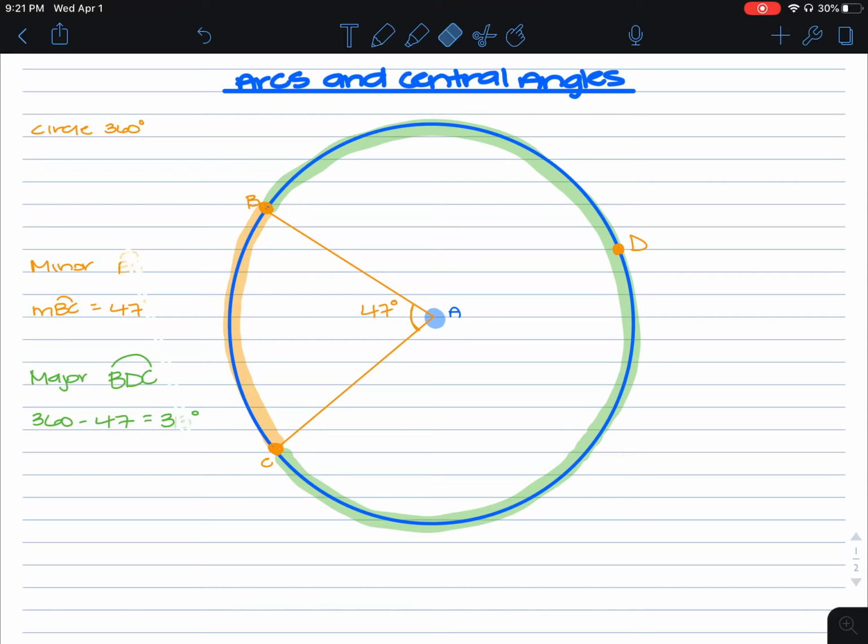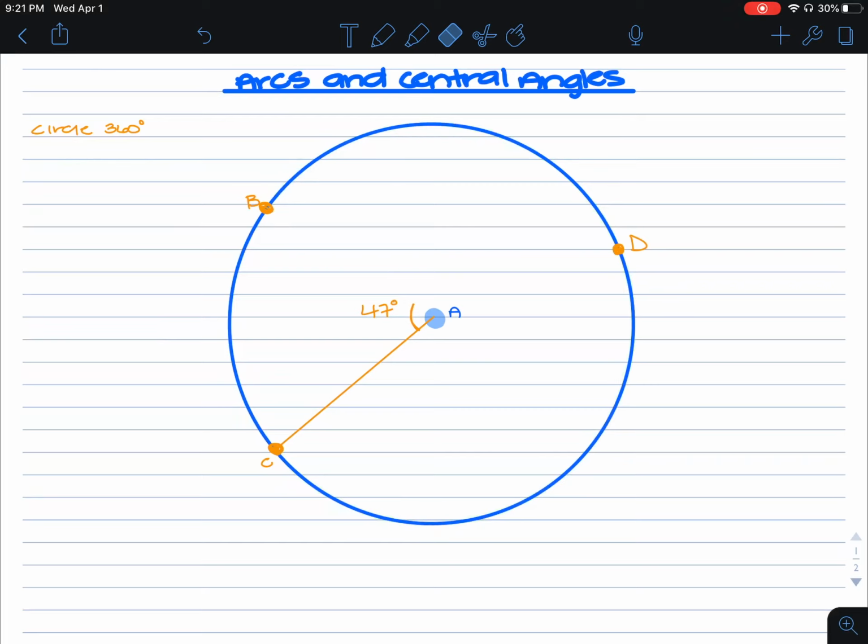All right, I'm going to erase all this stuff. Let's talk about a semicircle. Well, what do you think of when you hear semi? Maybe think of half, right? Semi truck. In this case, a semicircle is half of my circle.